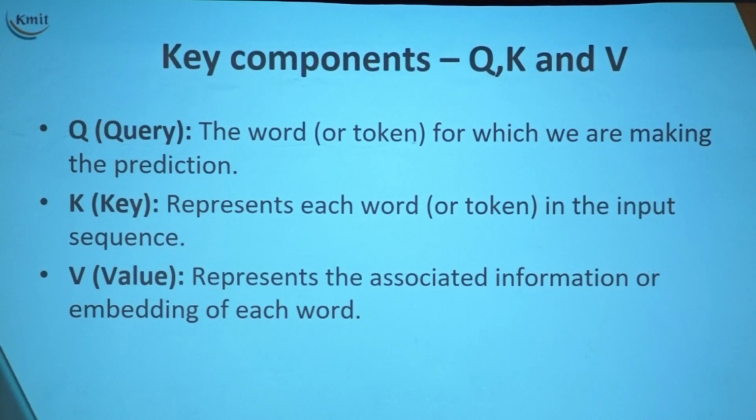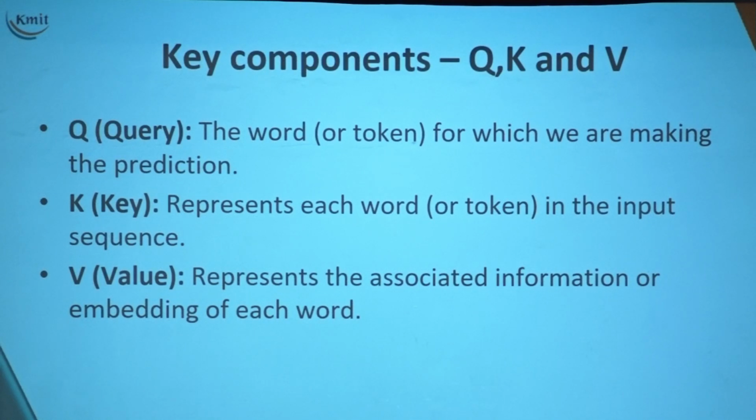Okay? Query is the current word that I need to calculate the attention score or attention weight for. Key is all the words that are present inside my input sequence. Tokens, all the tokens present inside my input sequence. V is the value associated with them. Clear enough?